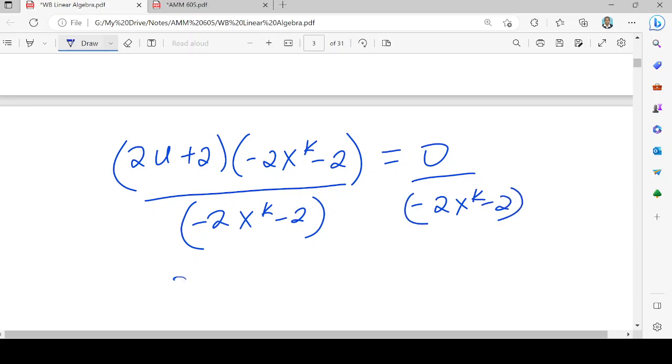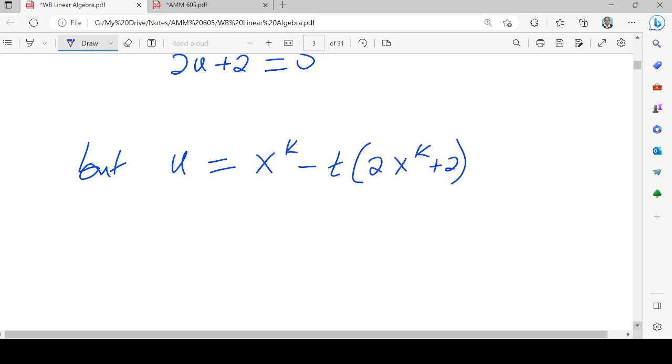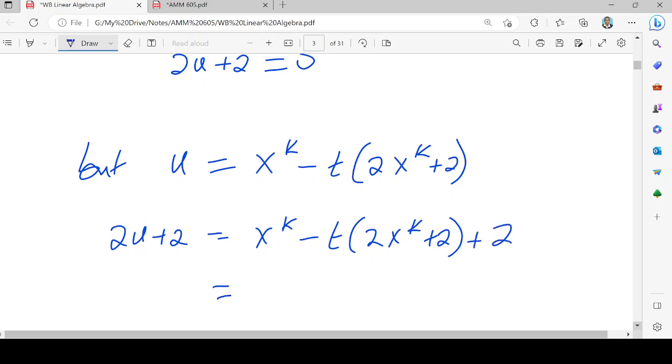And this will give us 2u plus 2 is equals to 0. But we know that u is equals to x k minus t into 2x k plus 2. So that when we write 2u plus 2, now this one becomes x k minus t into 2x k plus 2, then plus 2.